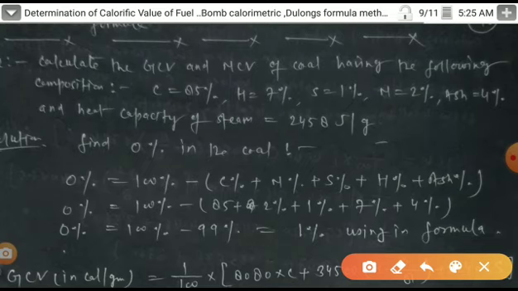So how can you calculate the percentage of oxygen? It is simple.